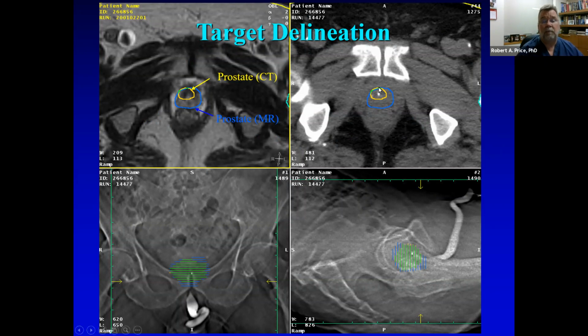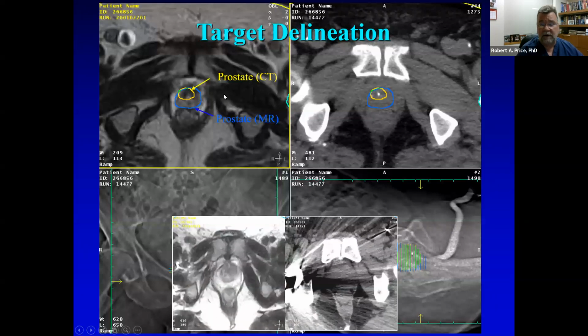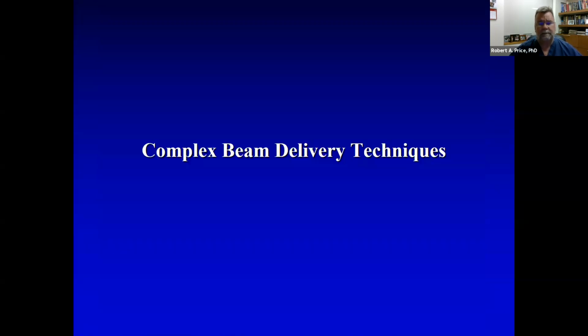You can see here the prostate was delineated on CT, but here with MR. Much difference in target definition, so we're much more accurate, as well as we don't get the same artifact associated with image reconstruction from CT as when we're using MR. So we utilize the MRs on many body sites.